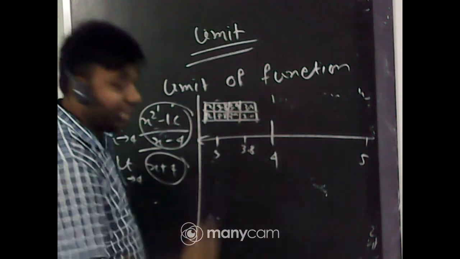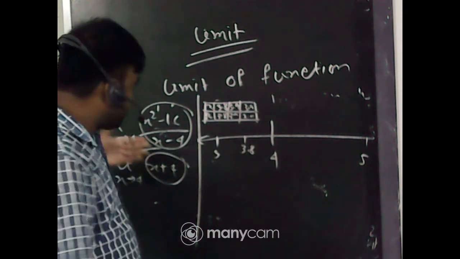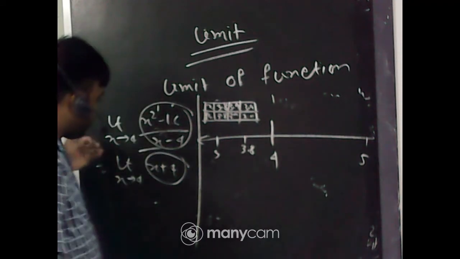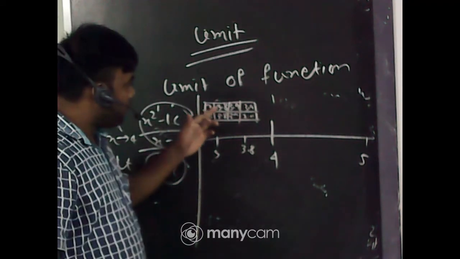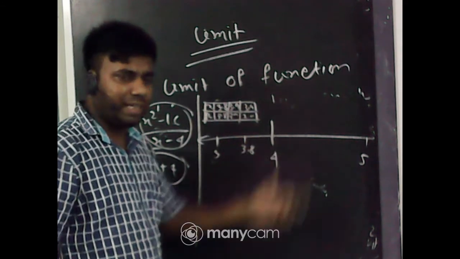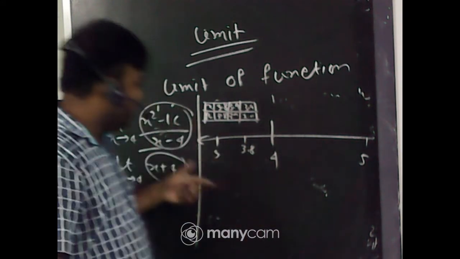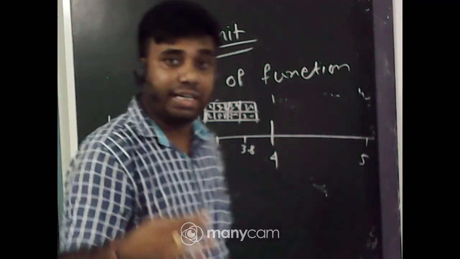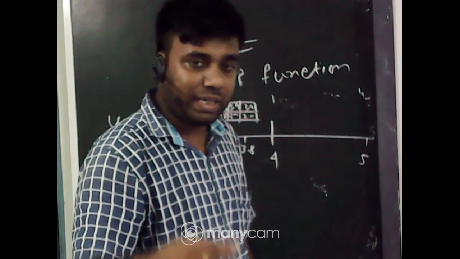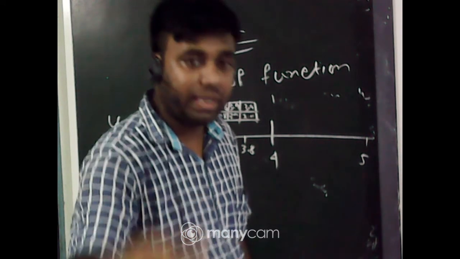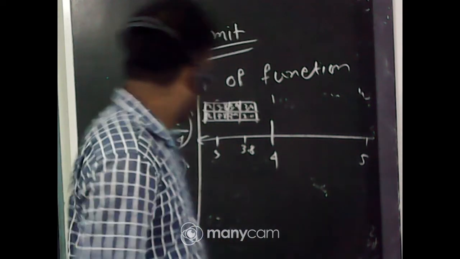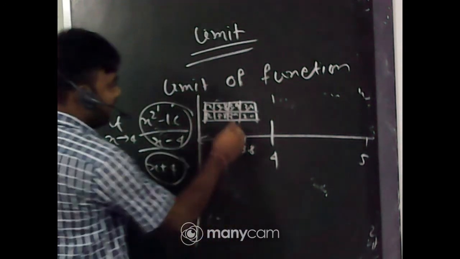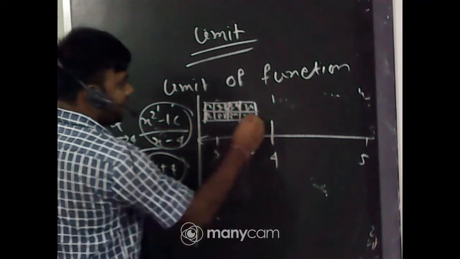One thing is clear: x is approaching 4 through 3.8, 3.9, 3.99, and the value of f(x) is also approaching 7.8, 7.9, 7.99, so towards 8. So its limit value is tending to 8.